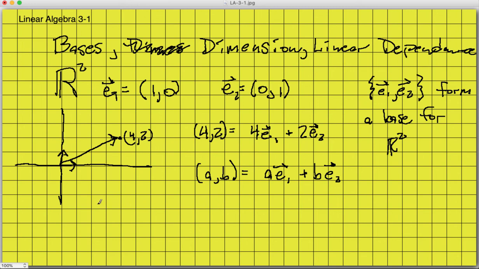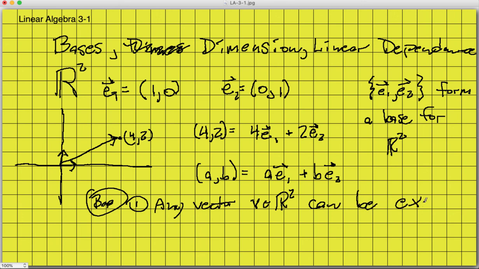It means, first of all, any vector v contained in R2 can be expressed as a linear combination of E1 and E2.